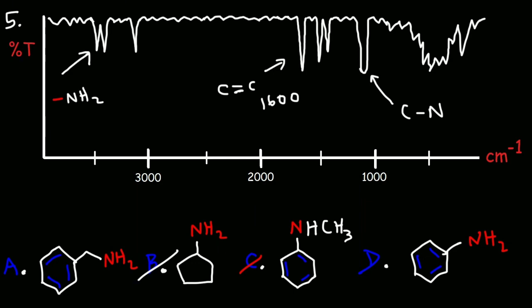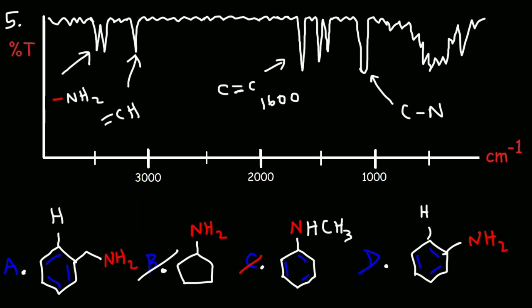There is one signal that can help us to get the answer. And you might be thinking it's this signal, but this is just the double bond CH stretch, which can be found in alkenes, but also in benzene rings. And for answer choice A and answer choice D, we have that.